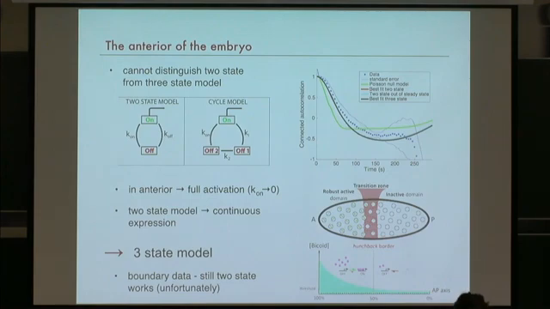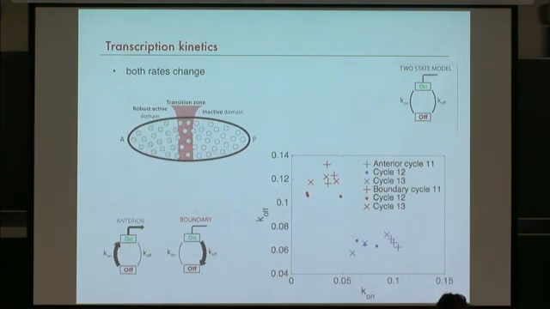But following that argument, saying that it's the same gene at the boundary, then we should be able to clearly see the three states, and we shouldn't be in this regime. But we're not. We still cannot distinguish. The two-state still works as well as before. But for that reason, going with simplicity, we stick to the two-state model.